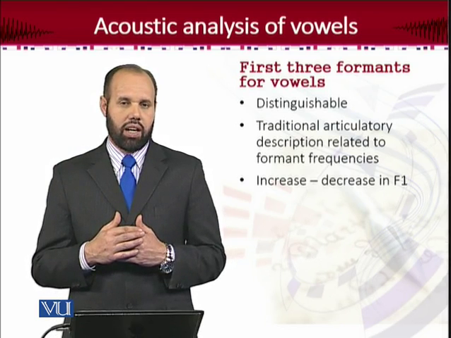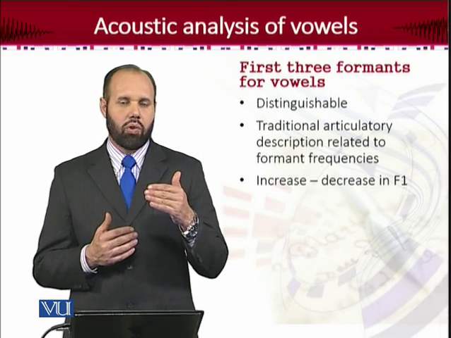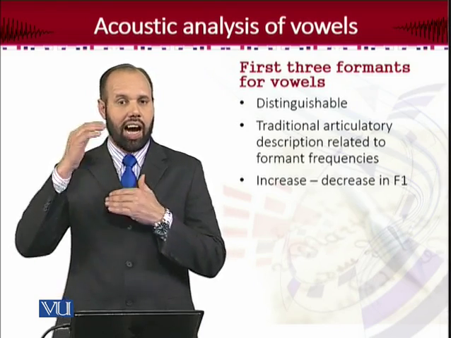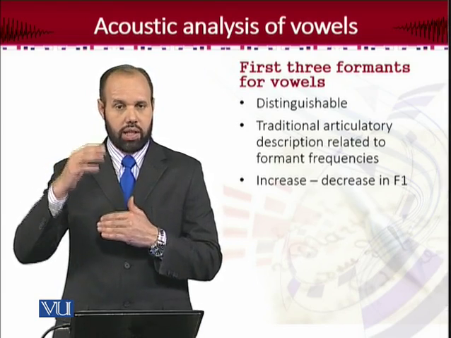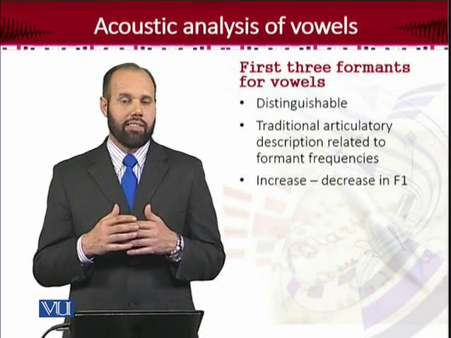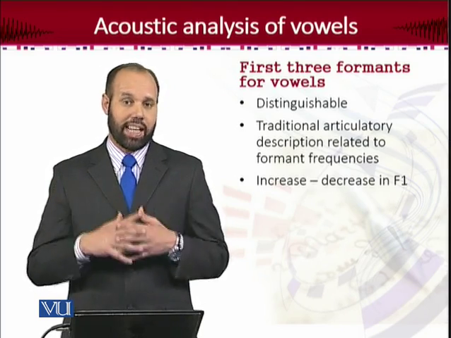If you remember those front vowels or back vowels, when they are at the higher position, like they are high vowels, like E or U, they have a little value for their F1, right? So there is a connection.